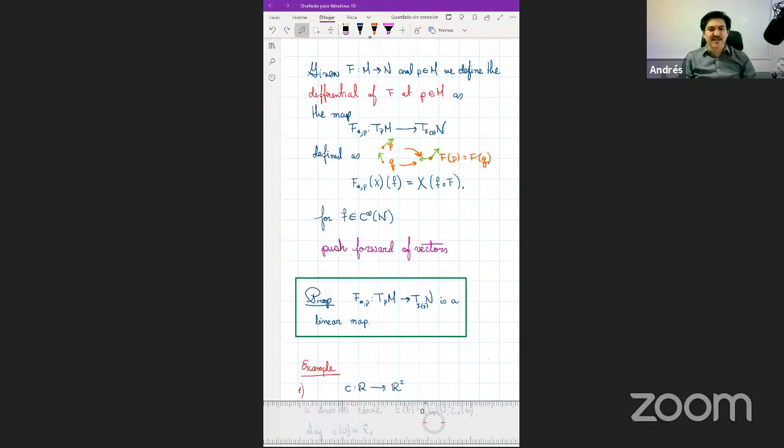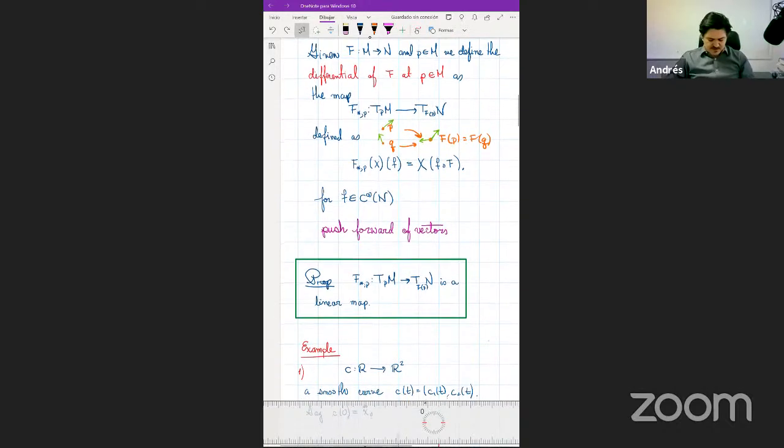So I'm going to take a smooth function between R1 and R2. Okay? So you might write the function as C1, comma, C2. And remember that in order to talk about the differential, we need a base point.